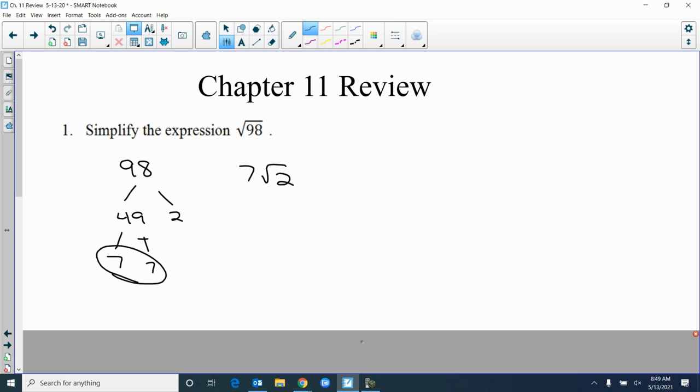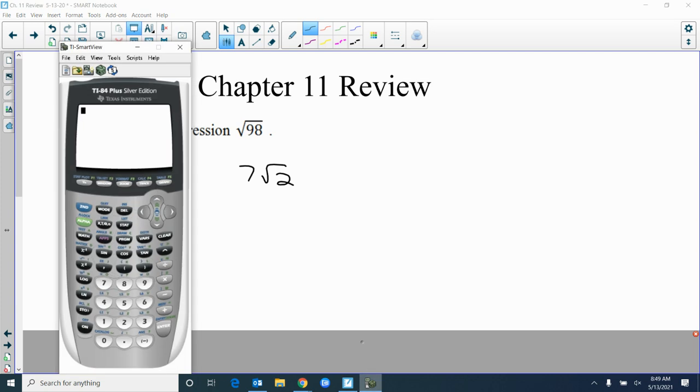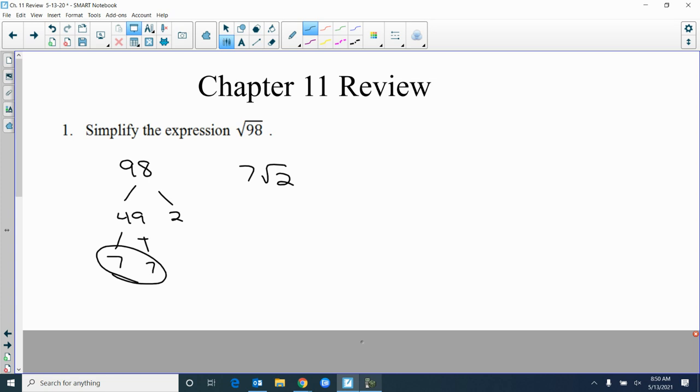Now, just as a double check, if you got time, remember we've shown you this before, type square root of 98 in the calculator. That'll give you a decimal. If it gives you a decimal, then you know your answer can't be just a constant. To test it, it doesn't guarantee it's the simplest form, but if you get the same decimal, you can be pretty confident. So that's 7 radical 2 for that one.